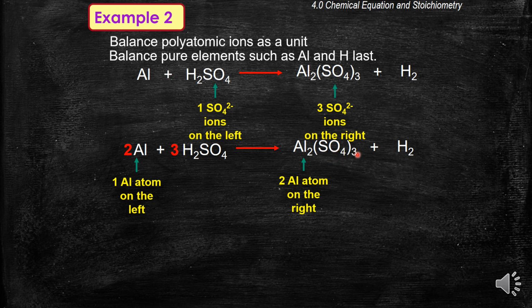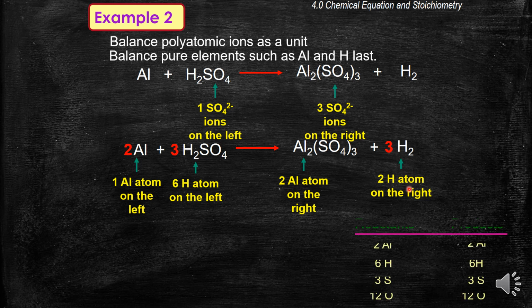And to balance hydrogen, we place 3 in front of H2 because on the left hand side we have 6 hydrogen atoms, but on the right hand side only 2 hydrogen atoms.